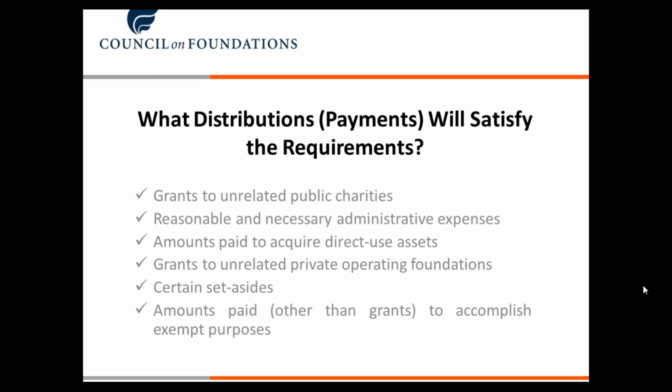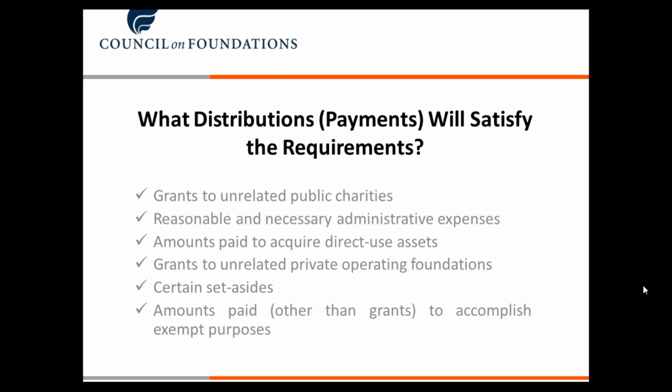You can also count certain set-asides. So there are provisions in this code section that allow you as a private foundation to hold back or set aside money that you intend to grant in later years for a specific project or goal or some large expenditure that you're anticipating in the future, and you want to set aside money for that purpose.